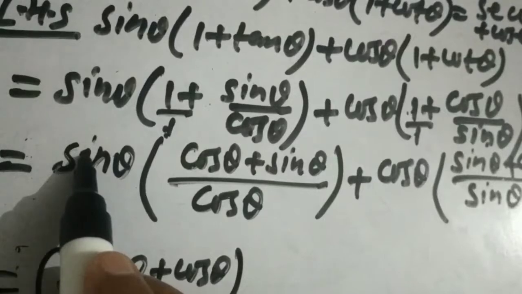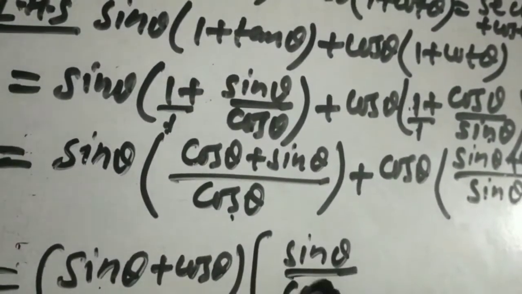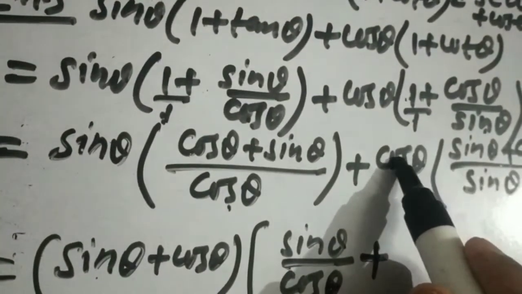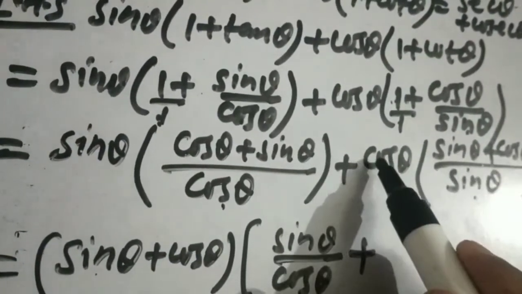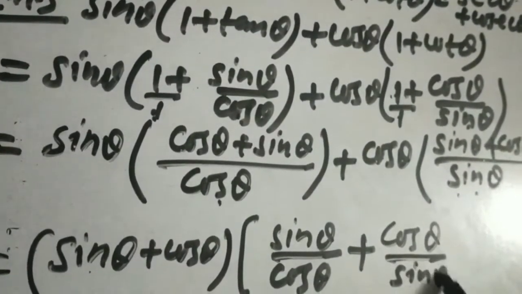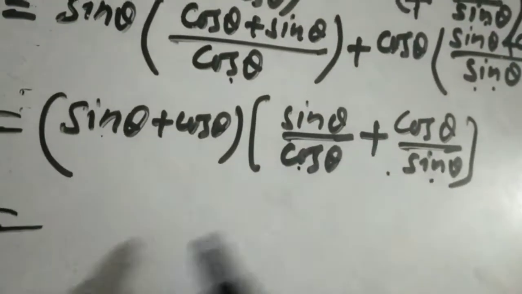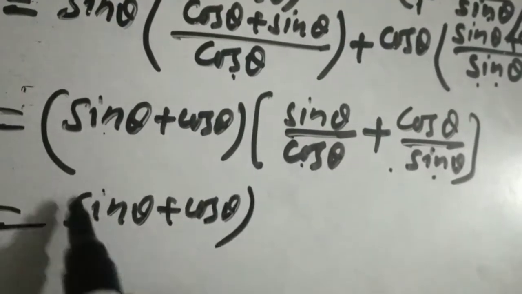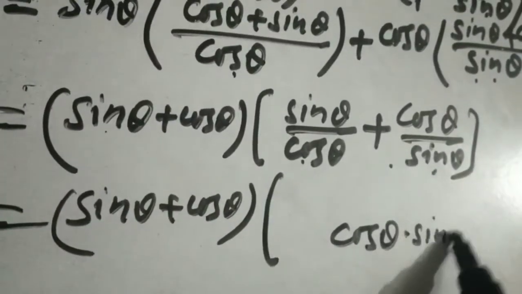Sin theta by cos theta will be left in the first term, and in the second term cos theta in the numerator and sin theta in the denominator will be left, because sin theta plus cos theta is common, so cos theta by sin theta will be left. Now take the LCM of these two, sin into cos, so we have sin theta plus cos theta, and the LCM of these two will be cos theta into sin theta.